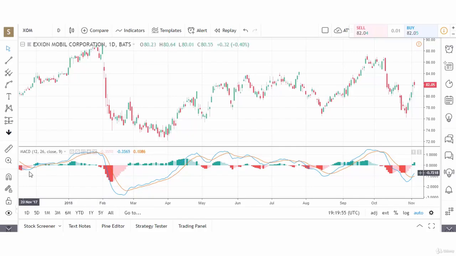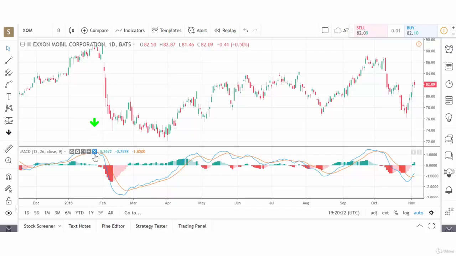Let's start at the beginning of the chart. We have the MACD in bullish territory above the zero line, trending up, and then we get a cross of the MACD here, actually before the stock dropped off.